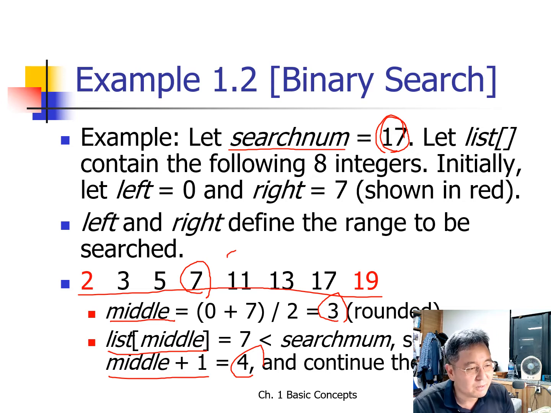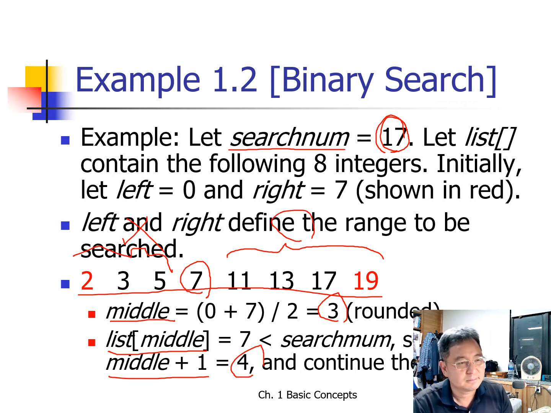That means we will try to find such num among the right side of the data set. We will discard the left side, because 17 will be located only on the right side. That is the binary search concept.